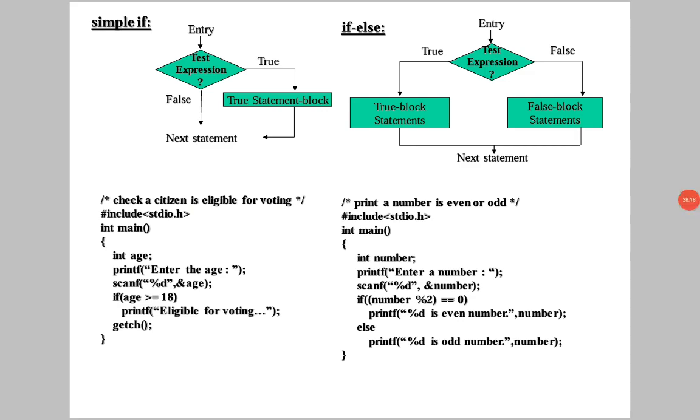So here we may write a program to check whether the given age is greater than 18 or not. In the first program, we test the age of a voter, whether the voter is eligible to vote or not.